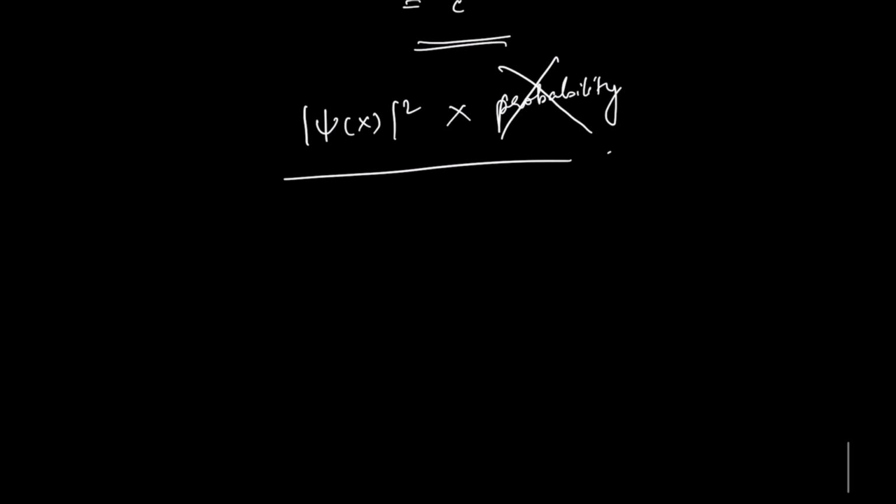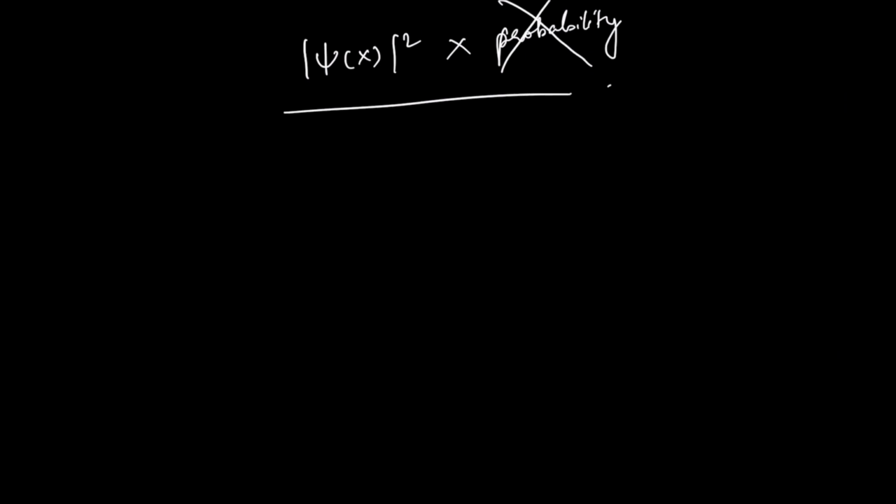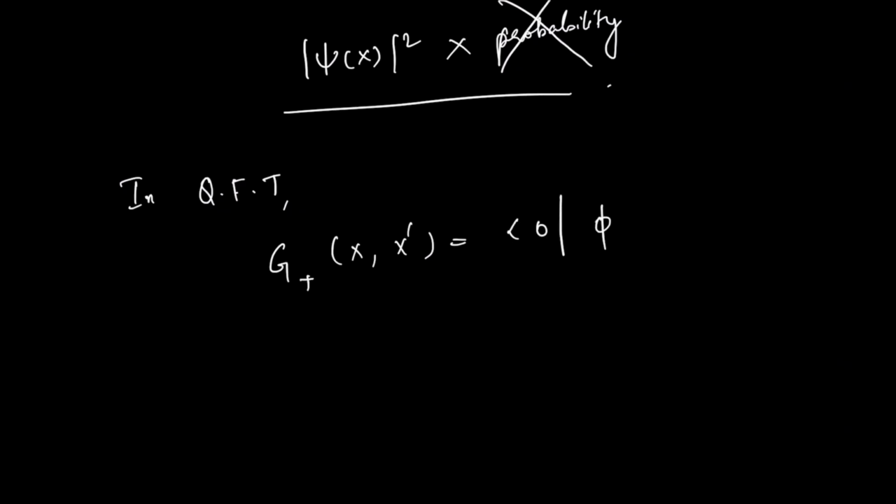Fine. Then in quantum field theory, the object G plus of x, x prime is equal to, I can define it in terms of the field phi of x and phi of x prime.